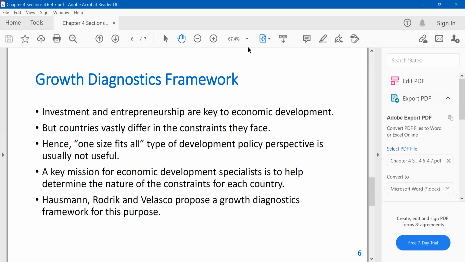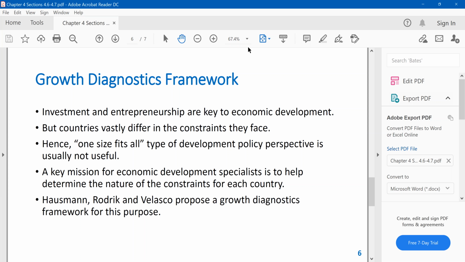So to develop the correct, the accurate and optimal policies, you need to diagnose the problems first, and that task of diagnosing is not very simple because of this huge diversity.